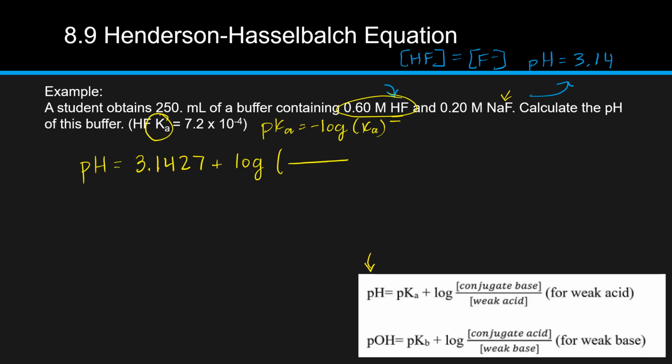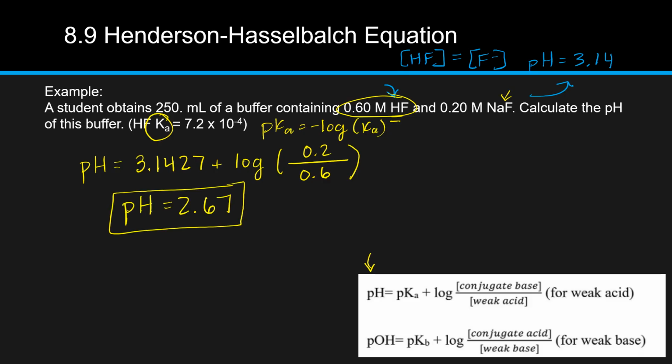It's supposed to be conjugate base over weak acid. I had it flipped. So conjugate base is our 0.2, and weak acid is our 0.6. So now go ahead and plug that into your calculator and solve for pH. And you get a pH of 2.67, which is in fact lower than our expected pH at the half equivalence point. So that does make sense.